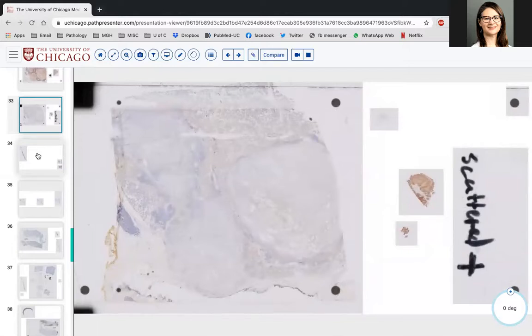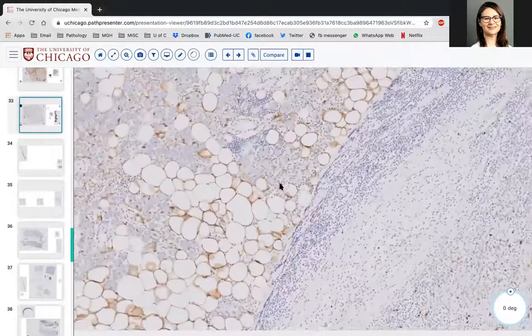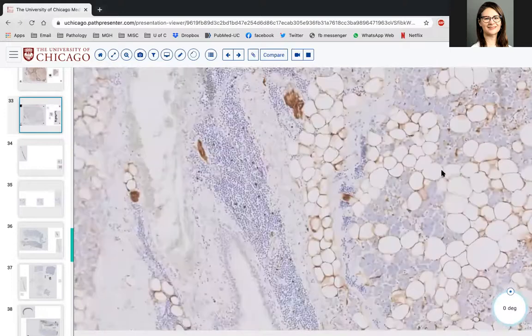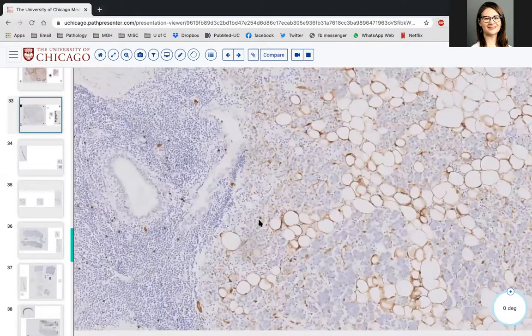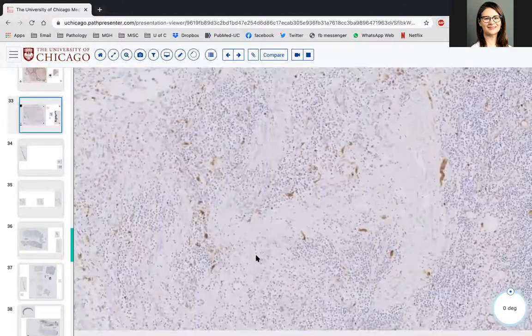So unfortunately, myoepithelial cells don't always follow the exact immunohistochemical profile that is always described for them.